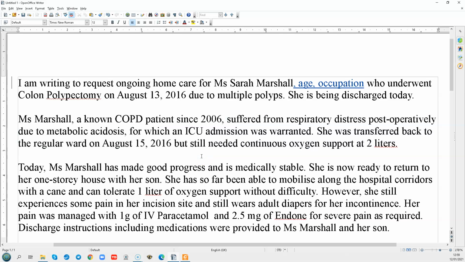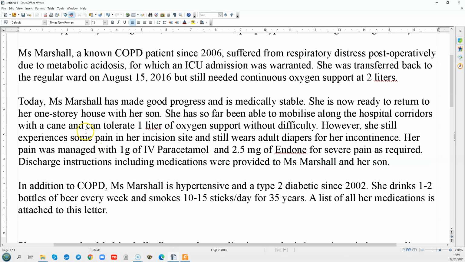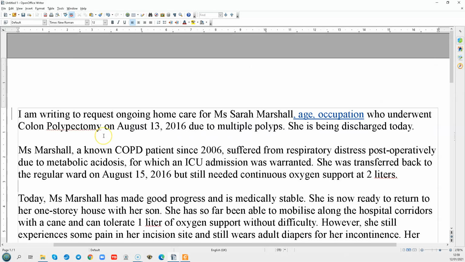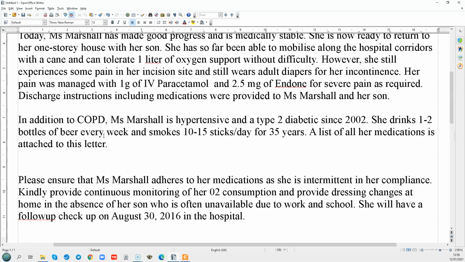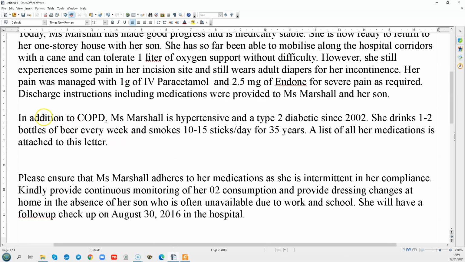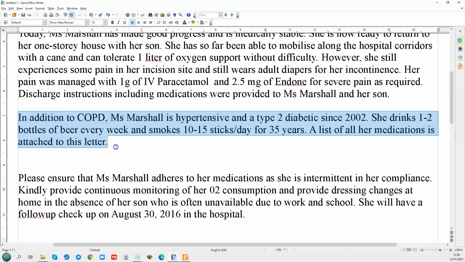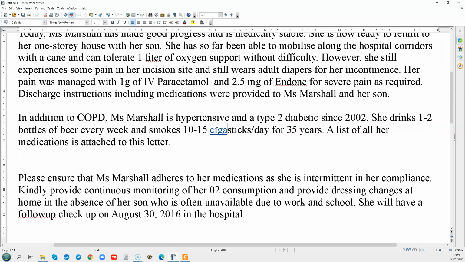Either have a history paragraph, a hospitalization paragraph, a progress kind of paragraph. But I wouldn't mix themes in a paragraph. So we've got this here. So I would be tempted to put this: 10 to 15 sticks. What's a stick? You mean a cigarette?